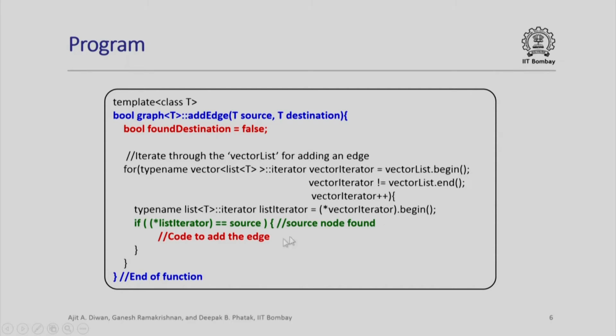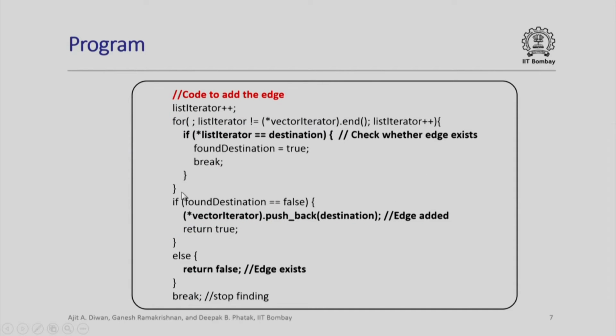First, we see the source. If the iterator is equal to source, we have found the source node, otherwise we will have to go to the next list. Now, if we have found the source, this is where we have to write code to add the edge. Let us see how that code will look different from our earlier code.